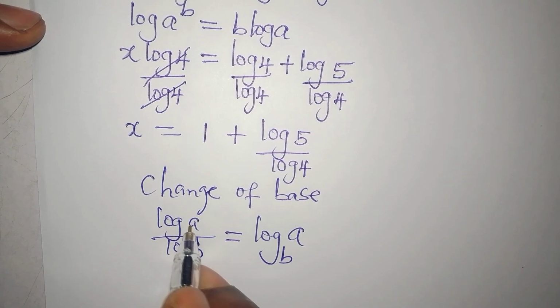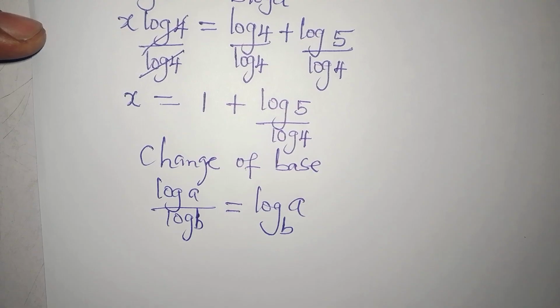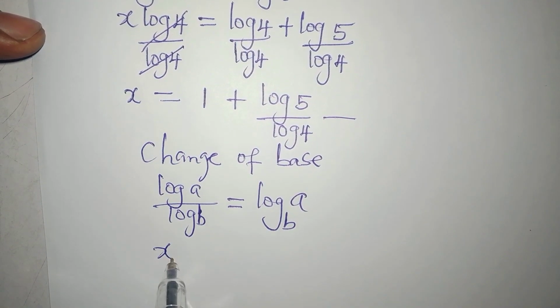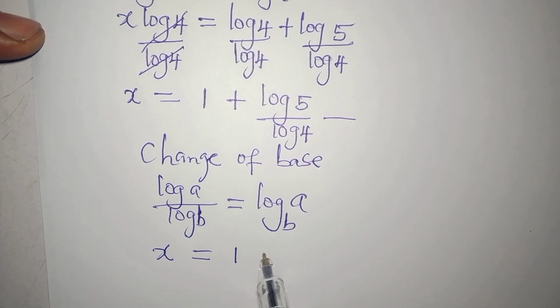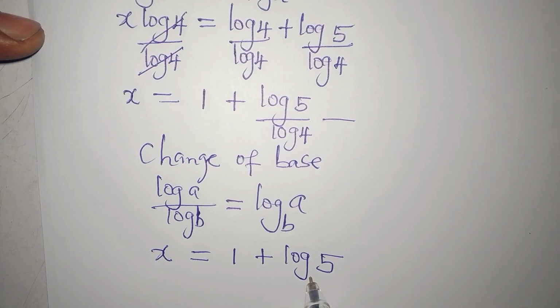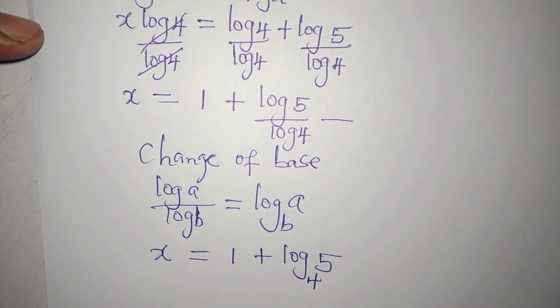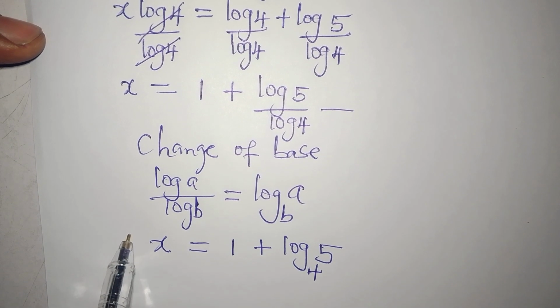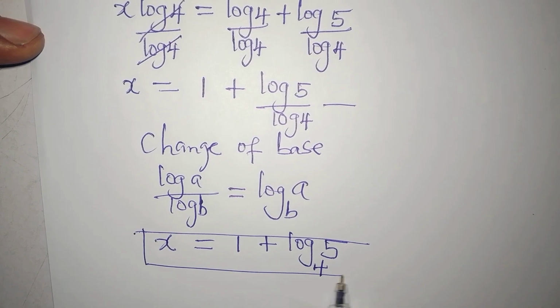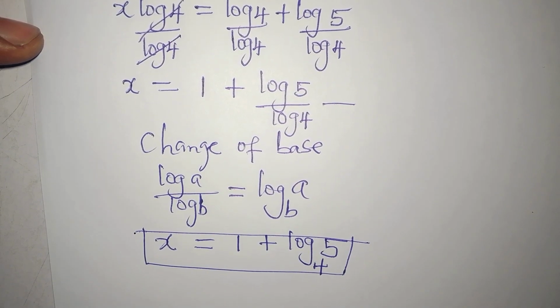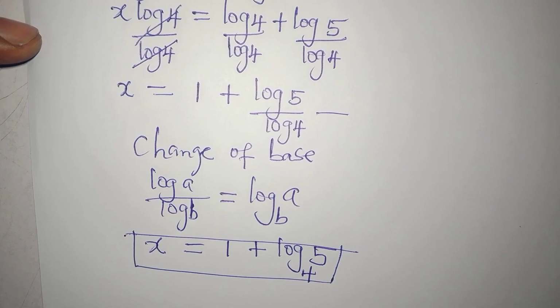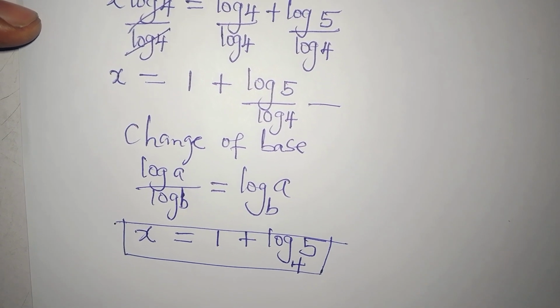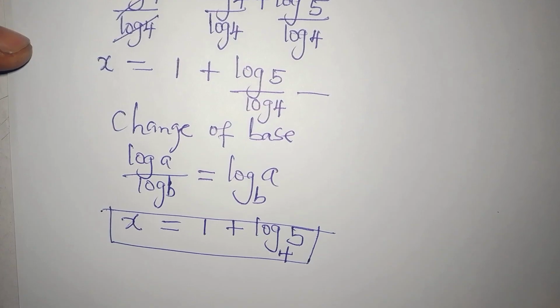So b becomes the base of a. If I apply the same thing here, we'll have x equal to 1 plus log 5 to the base of 4. So from here we have the value of x, and if you want to have this in decimal form, you press your calculator and get your value.